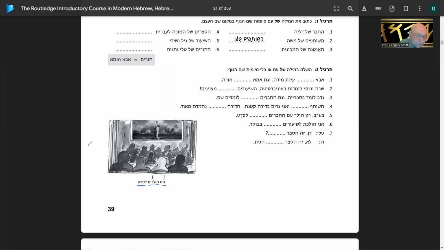Hem holchim laseret. Okay, they are going to the movie. They're going to the movie. Here's the movie. There's the Paramount. Remember that? If you go to a movie theater, you see some of them have the Paramount little thing there.